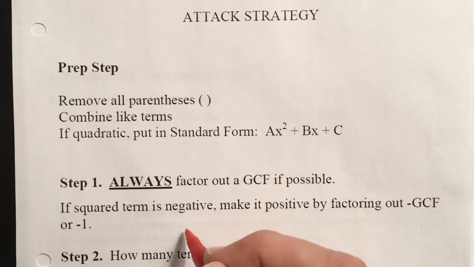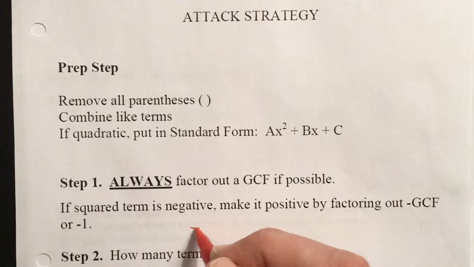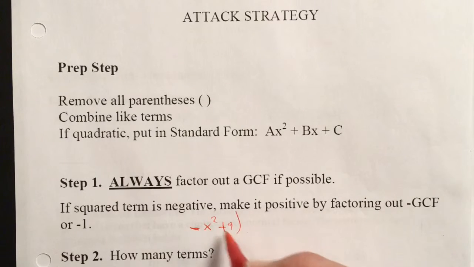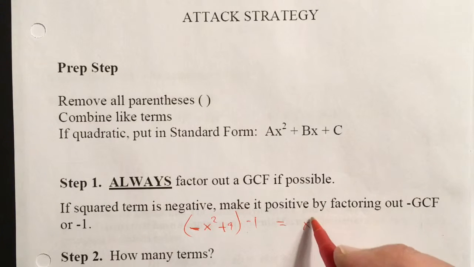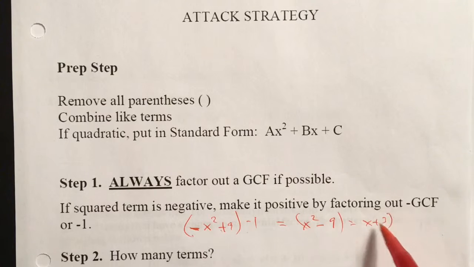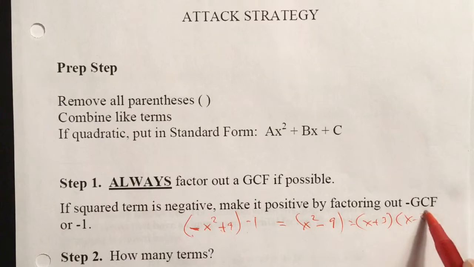An example would be like negative x squared plus 9. Well, if I take out a -1 from that, times -1, I can make it x squared minus 9. Both signs will change. And now, that's easy to factor down to x plus 3 and x minus 3.